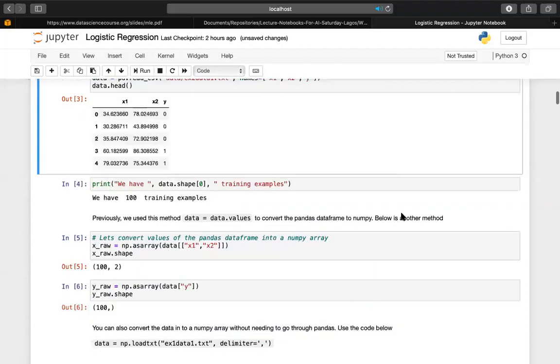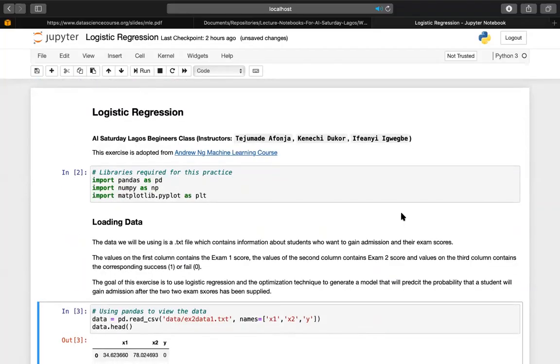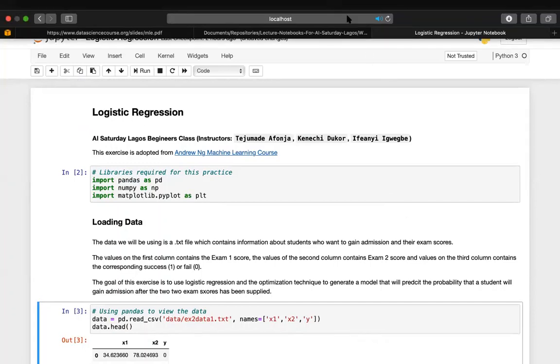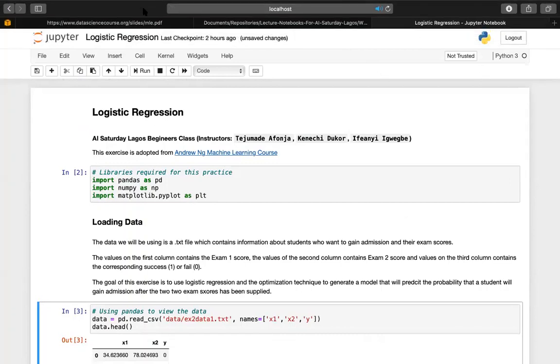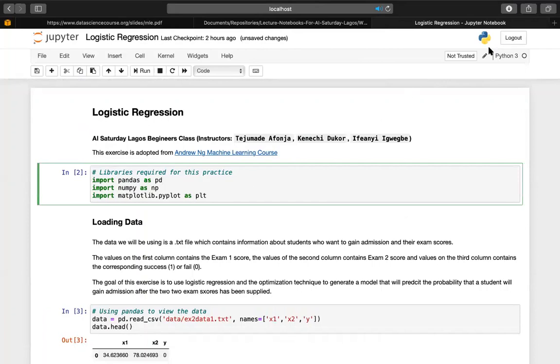Okay, can you all see my screen? If you can see the screen, just maybe raise your hands. Okay, so we are good.